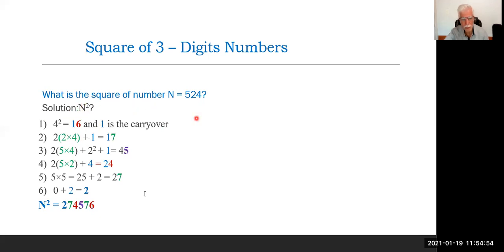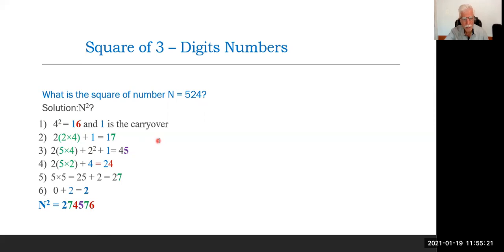The solution is as I have explained here. So first you find the square of the very first digit on the right hand side. Square of the very first digit, which is 4, is 16. 6 is the first digit from the right hand side of our square of 524.